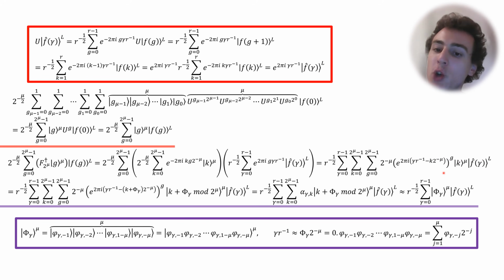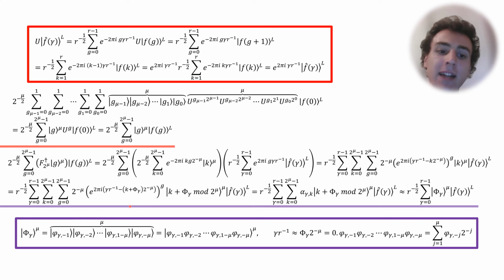So this mu qubit state is describing register x, and then register y is described by this L qubit state. So k is the label for those register x states, and the register y states are labeled by these f hats. Now that we have this relationship over here, let's do a slight modification of the label k.